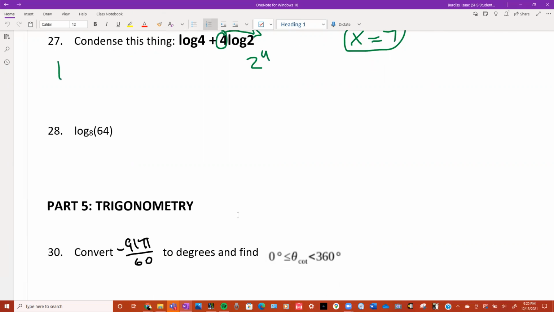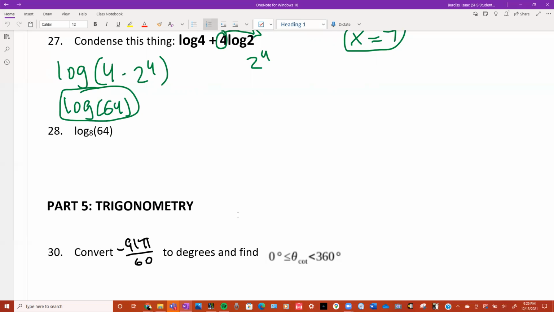So now we have log of 4 times 2 to the 4th. 4 times 2 to the 4th is 64. So this is log of 64.